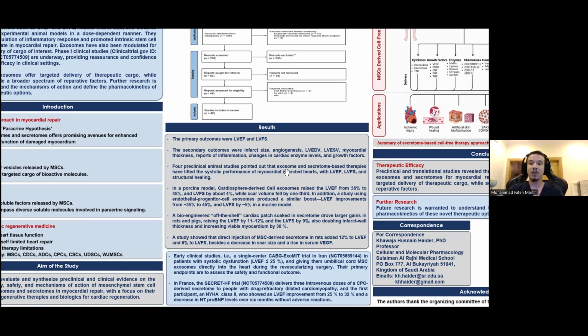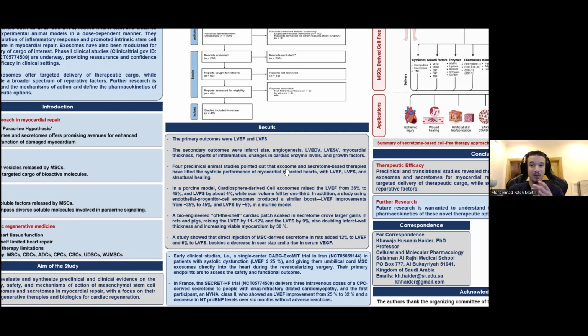Moreover, in France, there is also another trial called the Secret Heart Failure Trial, where they are going to deliver 3 intravenous doses of cardiovascular progenitor cell-derived secretome to people with drug-refractory dilated cardiomyopathy.